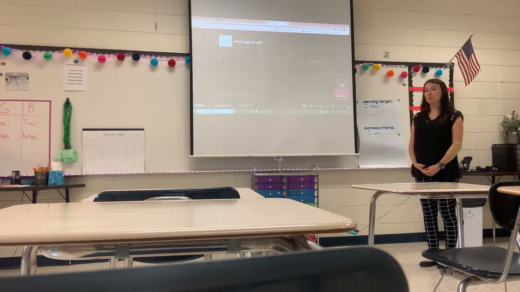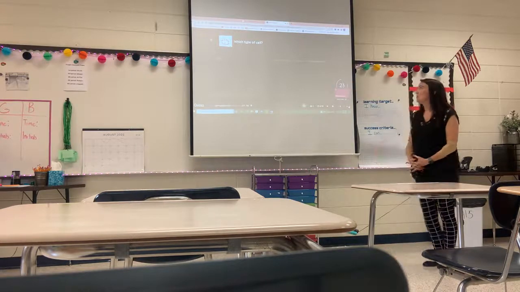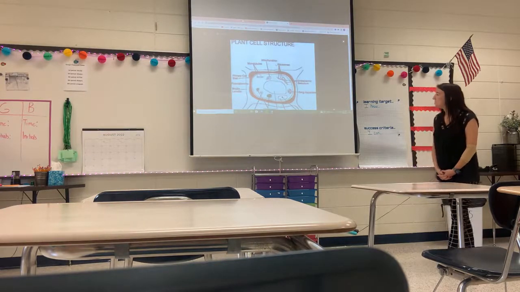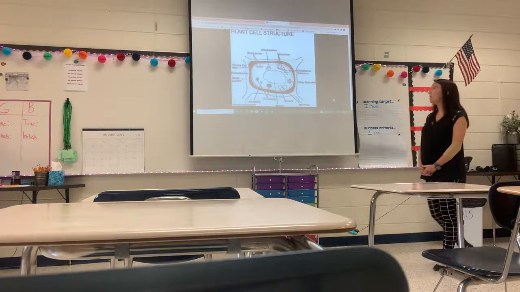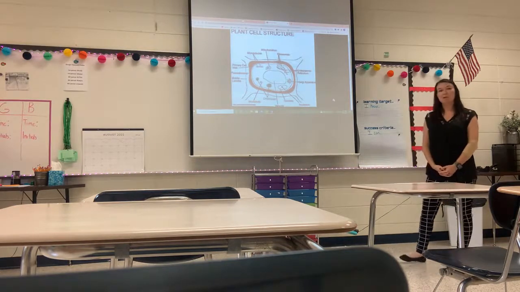Which type of cell are we looking at here? Let's try to expand that image a little bit so we can see what we're looking at. There we go. What kind of cell do we think that is? So remember, think about, do you see a nucleus present? That might be a good giveaway.